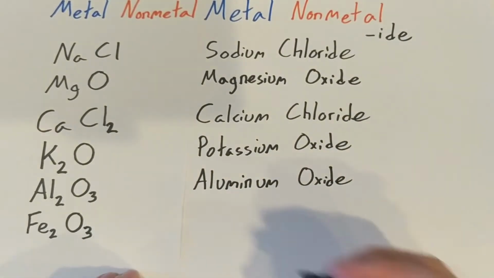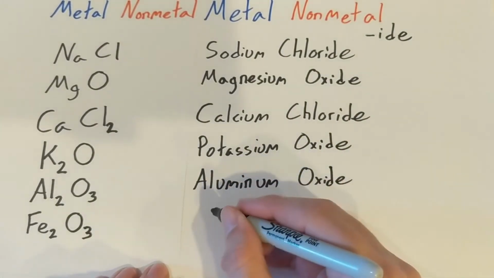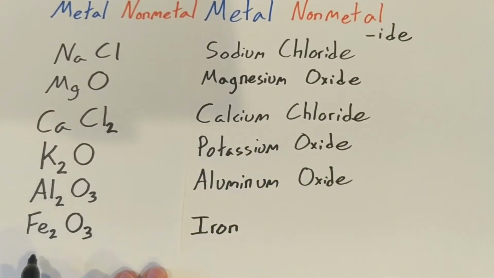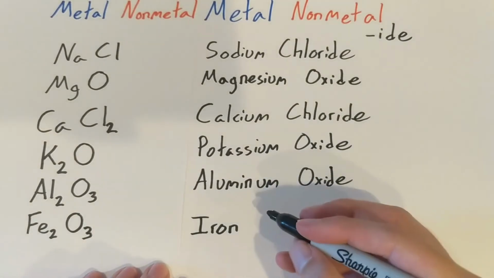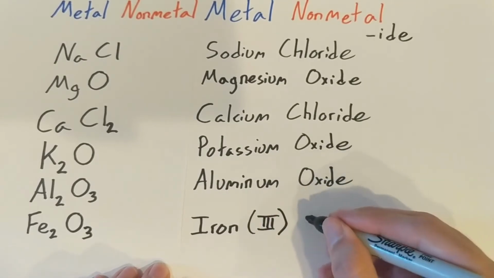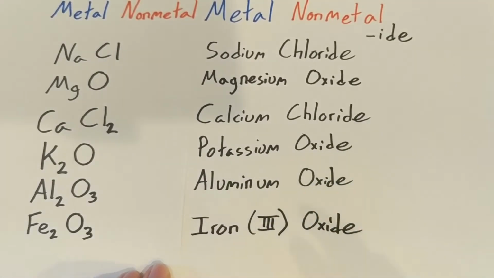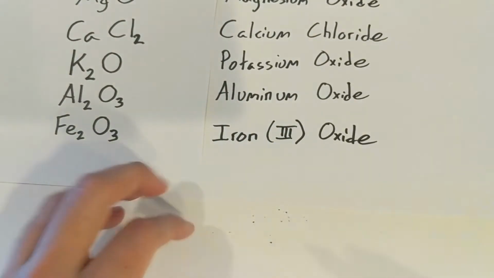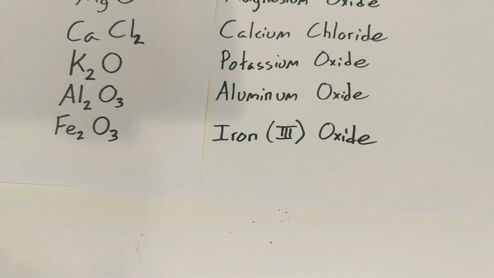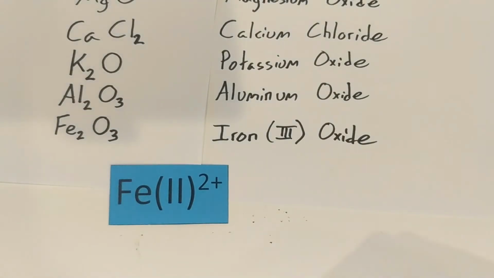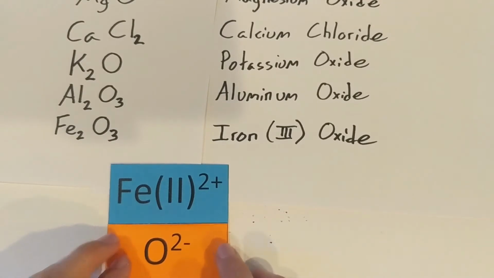And this one is a little different because when we write it down, we need to write down the charge on this iron right here. So we would have to say iron 3 oxide. And you might be like, why are you putting iron 3 when you only have 2? And let me go back to our example over here. If we had iron 2 oxide, you'd only need 1 of each.